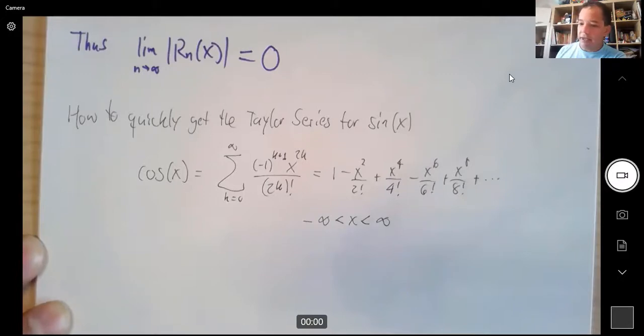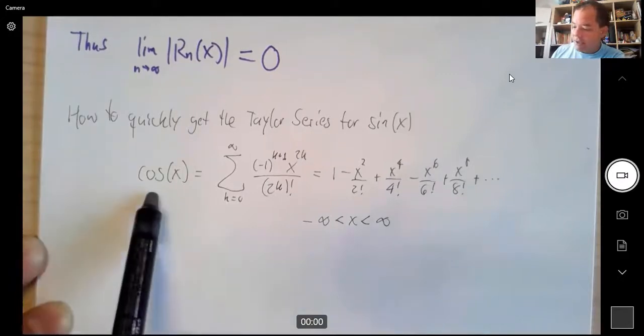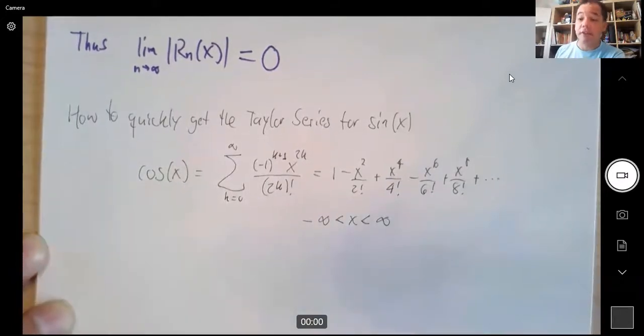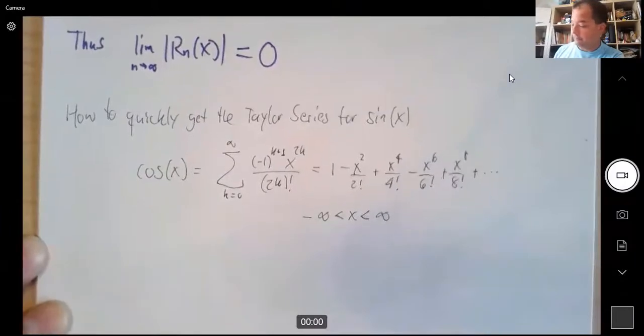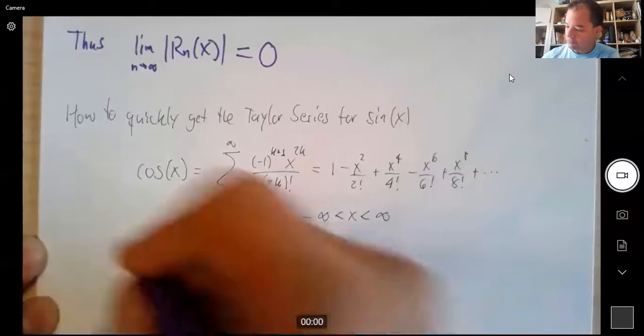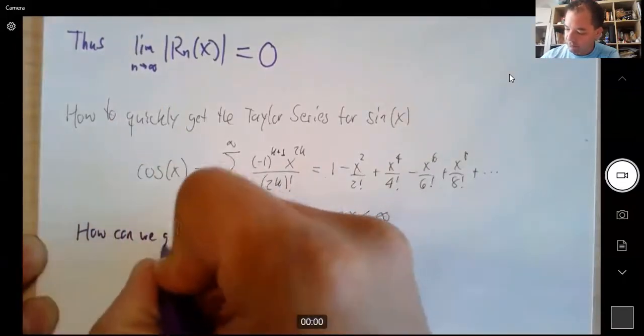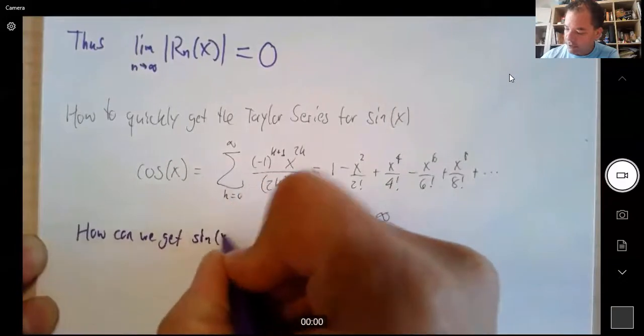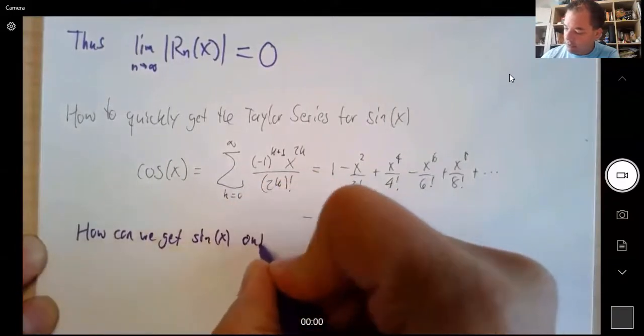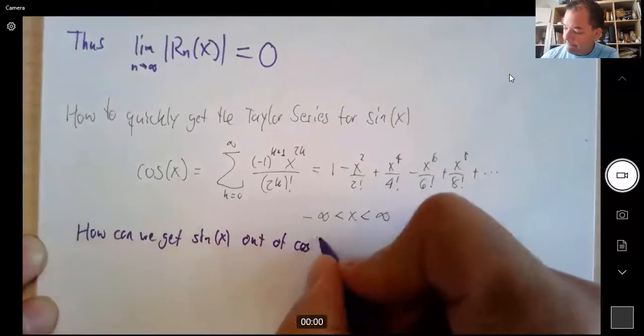So how can we get sine out of cosine? How are sine and cosine related? Anyone?